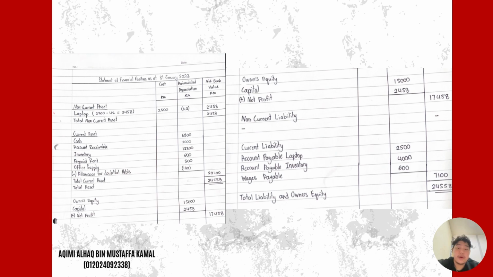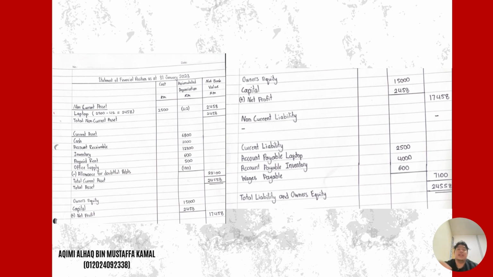And now we add the current liability, which is 7,100 ringgit. So 17,458 ringgit from the owner equity, add the current liability 7,100 ringgit, and we're going to get 24,558 ringgit. The number is the same as our total asset, which is total asset equals total liability plus owner equity. So that's all from me. Okay, thank you very much.